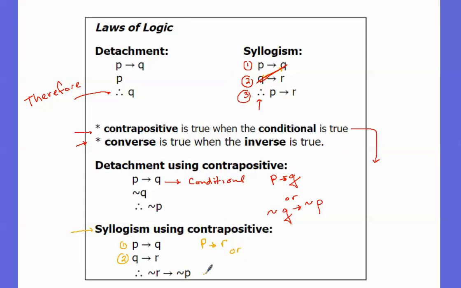Or what you could know based on the fact that the contrapositive is true when the conditional is true, you could reverse it and negate, saying not R, then not P. Both statements, the conditional and the contrapositive, are true at the same time. Well, going back to the argument, in the third line of the argument, therefore not R would lead to not P. That matches what we created here, and so we know that this argument is indeed valid.